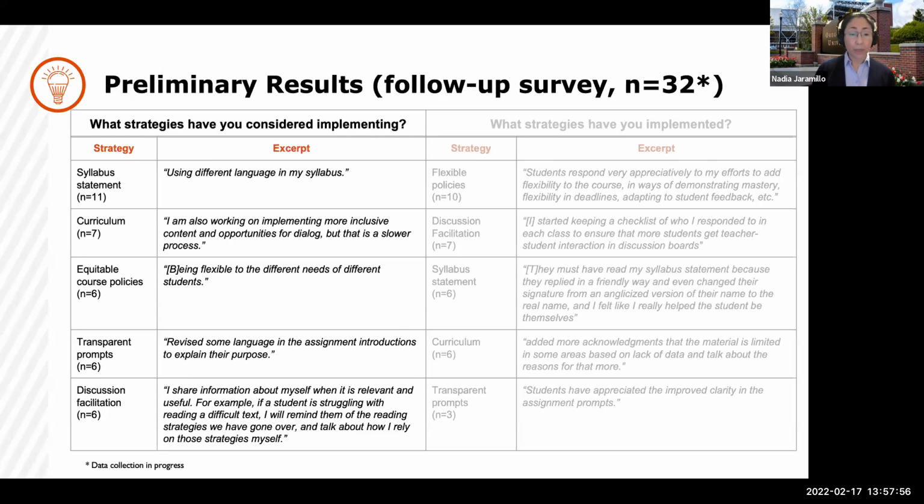The other strategy was adopting techniques to facilitate discussions that was also listed in the plan. So this will support students better and would also give faculty a way to establish connection with the students as they move on in the course, in the different discussions that they have.